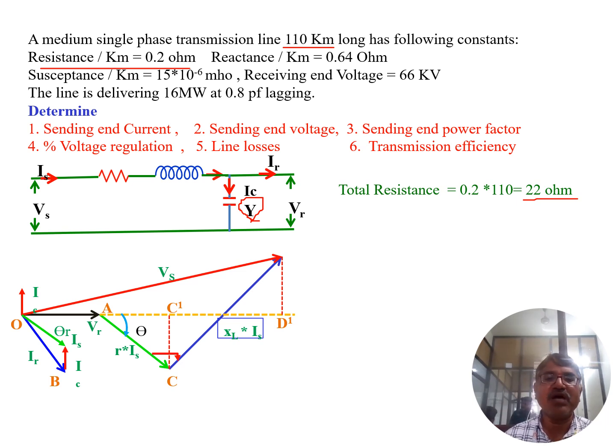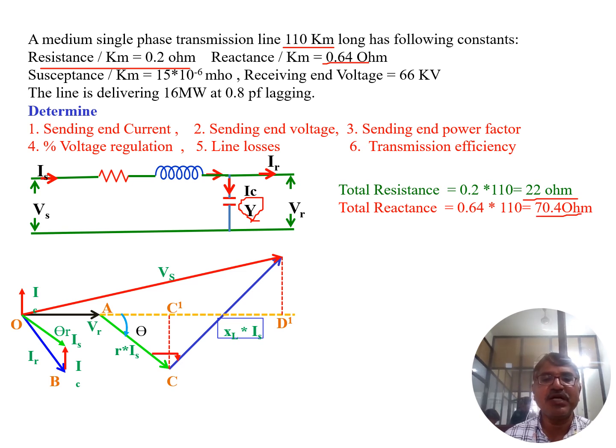Similarly, we have to determine the total reactance. Total reactance is equal to reactance per kilometer, that is 0.64 ohms, into length of the transmission line. The value we get is 70.4 ohms.